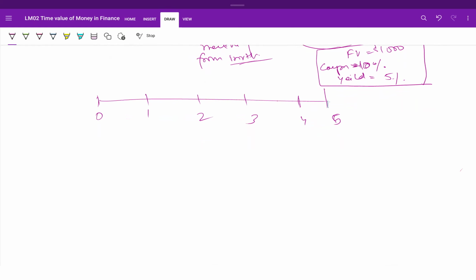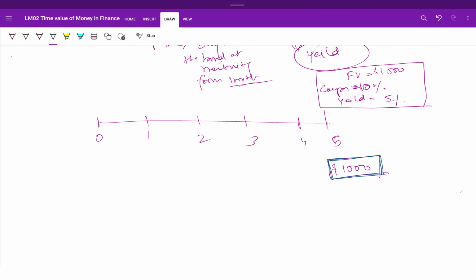Okay, so at the end, you are going to receive $1,000. You are an investor. At the end of the tenure, you are going to receive $1,000. You are going to receive 10% coupon. This means 10% of 1,000, at every year end, you're going to receive a $100 coupon payment.